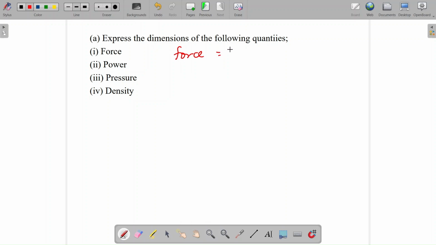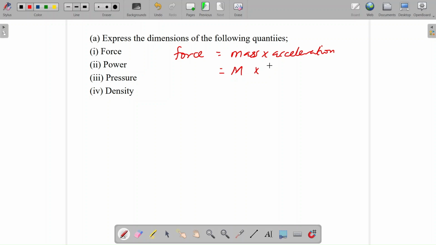So what is force? Force is mass times acceleration. Mass is measured in m, and acceleration is velocity divided by time.